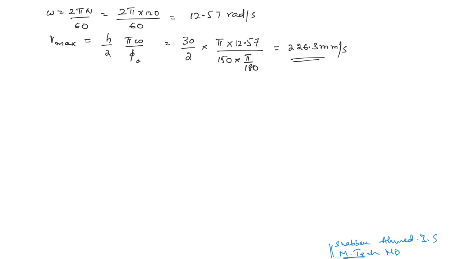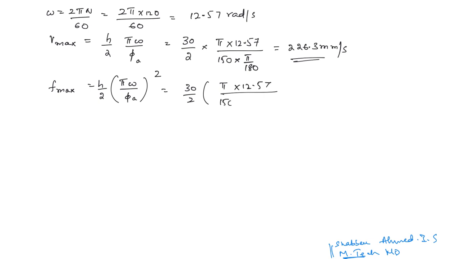Then we will also find the maximum acceleration. Fmax is equal to h by 2 into (pi omega by beta a) whole square, that is 30 by 2 into (pi into 12.57 divided by 150 into pi by 180) whole square.